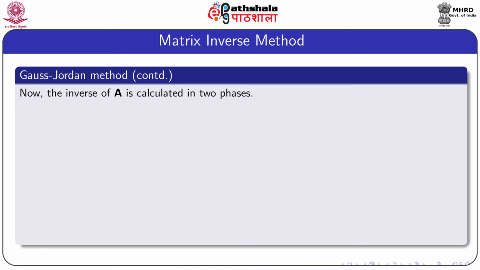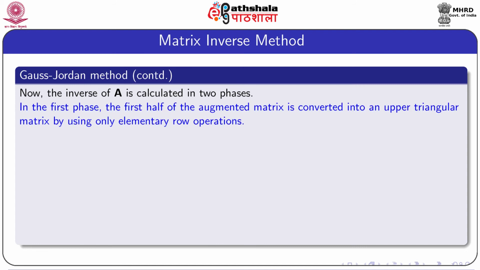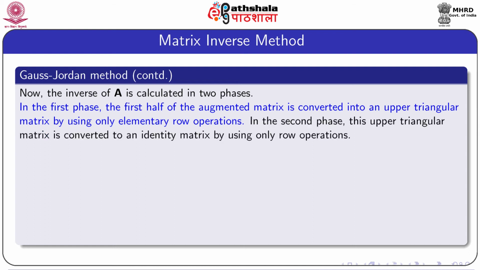Now, the inverse of A is calculated in two phases. In the first phase, the first half of the augmented matrix is converted to an upper triangular form by using only elementary row operations, and then in the second phase the upper triangular matrix is converted to an identity matrix by using only row operations. All these operations are applied on the augmented matrix [A | I].